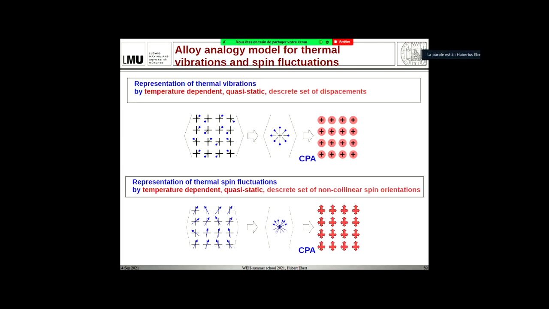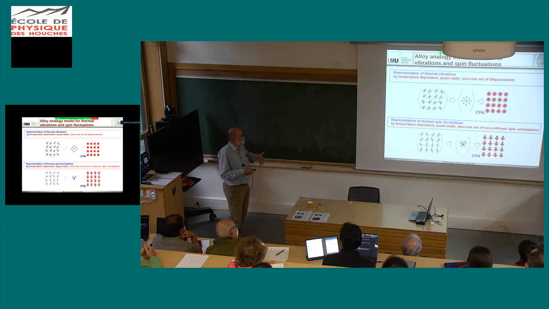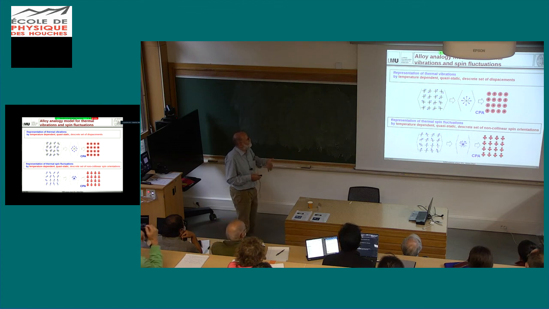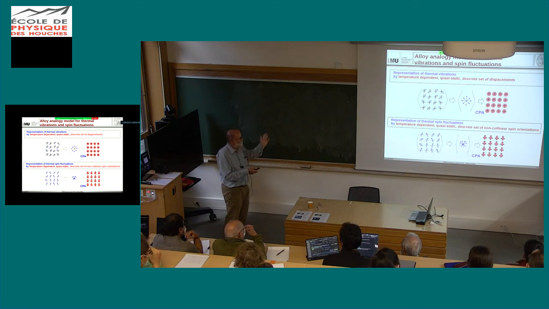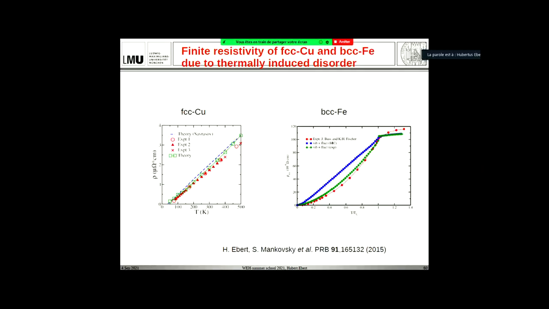The way of thinking about order, disorder, can be translated also to other questions, namely thermal disorder for vibrations, for example. So we introduced a scheme that we call the alloy analogy model that allows us to handle atomic vibrations with a CPA. Also thermal fluctuations, that means fluctuations of spin moments, we deal with by CPA.